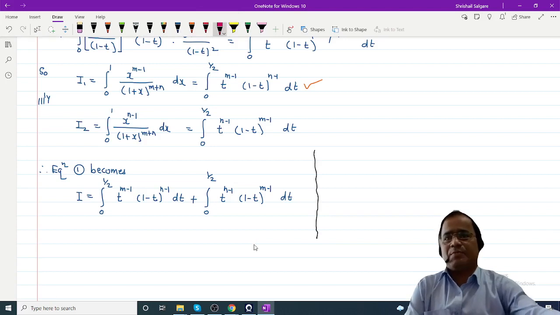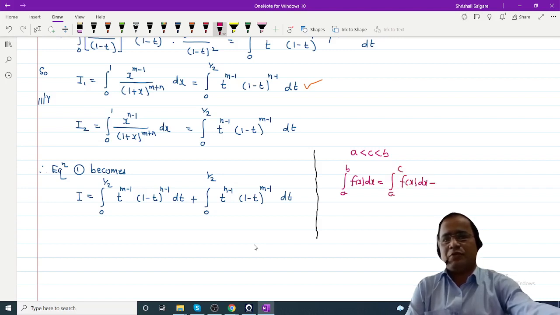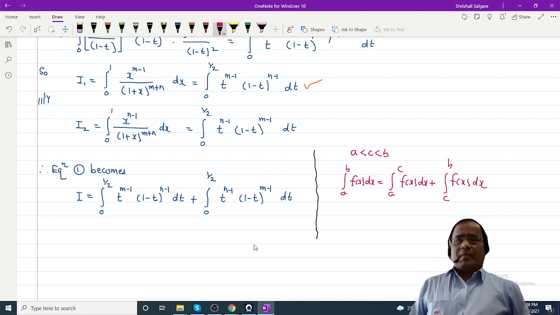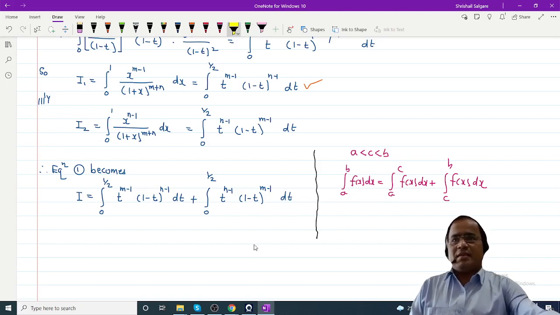I will write a property. Suppose a is less than c is less than b, then the integral a to b f(x) dx can be written as the integral a to c f(x) dx plus the integral from c to b f(x) dx. This property you have to use. When you are using this property, one thing you can notice here: the integrands on the right side must be the same.